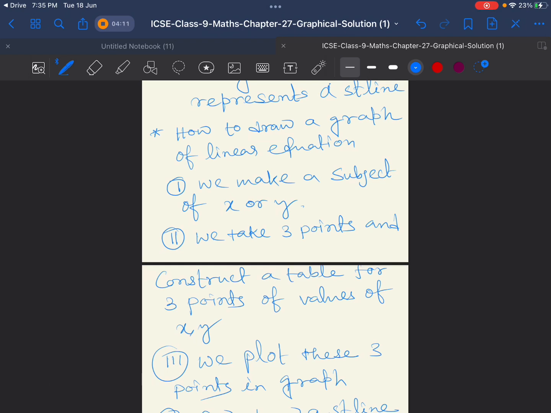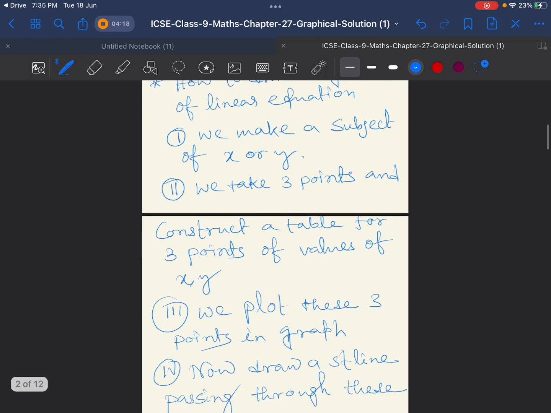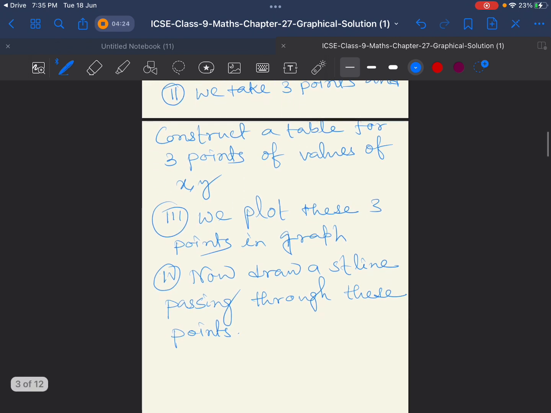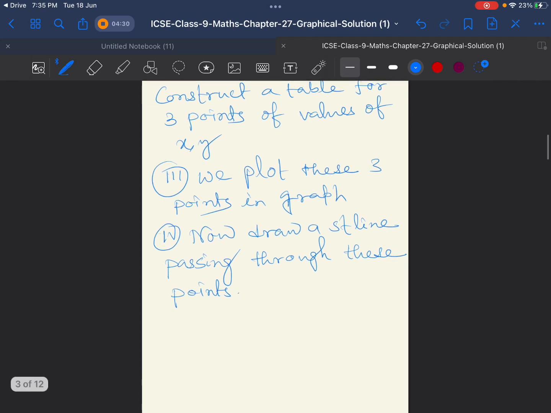So how to draw a graph? First step is we make a subject of x or y. Then second step is we take 3 points and construct a table for these 3 points of values of x and y. Third step is we plot these 3 points in the graph.